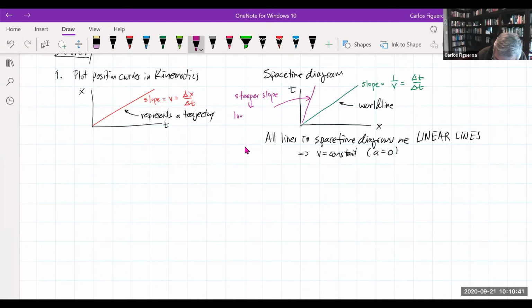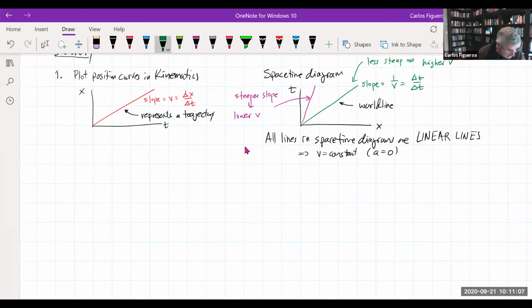A lower v. Whereas a less steep line implies a higher v. So the less steep the line is, the faster it's going.